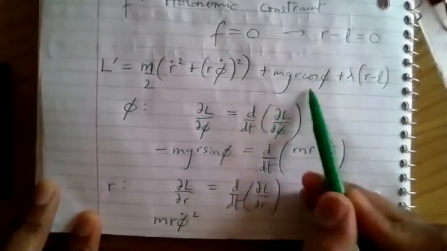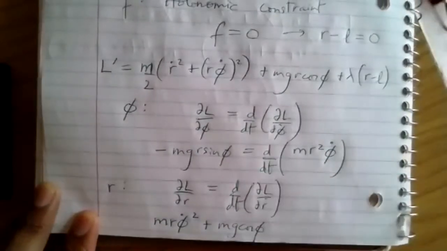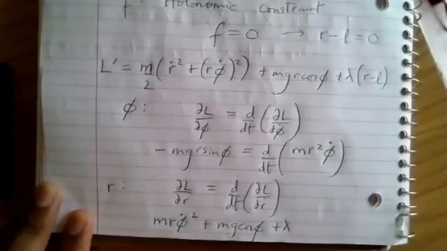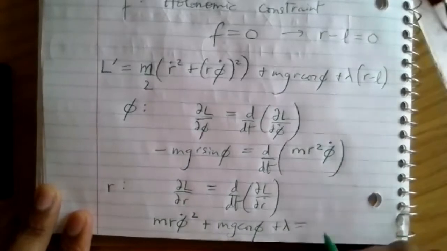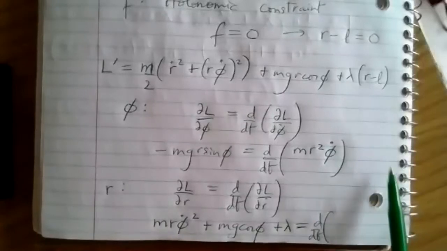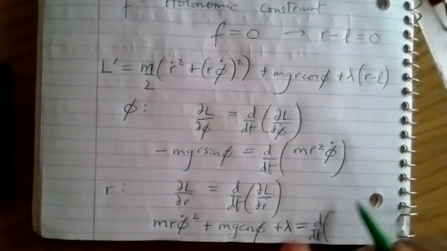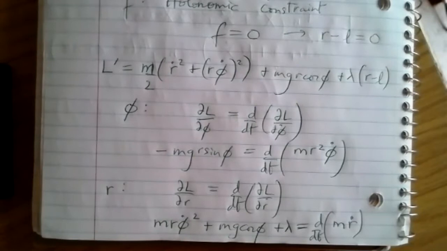And then another one from here, plus mg cosine phi. And then another one from here, plus lambda. So that's all partial L partial r. And then equals d by dt of, and so r dot only appears here. So I will get m r dot inside here. So any questions before I flip the page?